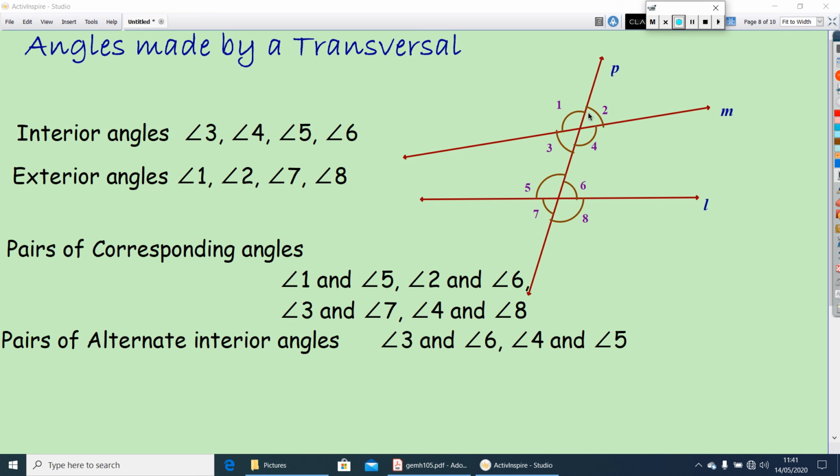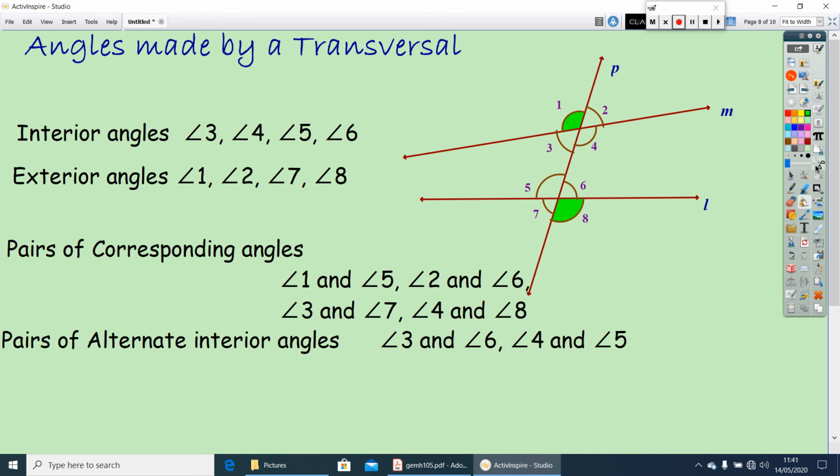can you find out alternate exterior angles? The same condition you can follow, but there should be exterior of the lines L and M. One pair I will show you. Angle 1 is exterior and its alternate exterior angle is angle 8.